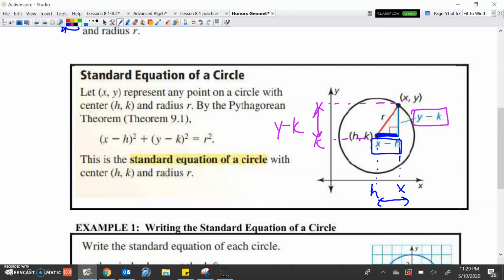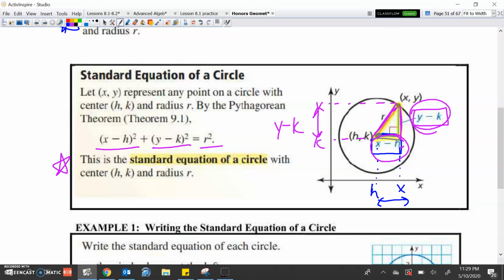So if I just focus on my right triangle, I can say that using the Pythagorean theorem, x minus h squared plus the other leg, y minus k squared, is going to equal my hypotenuse, r squared. And there you have your standard equation of a circle.